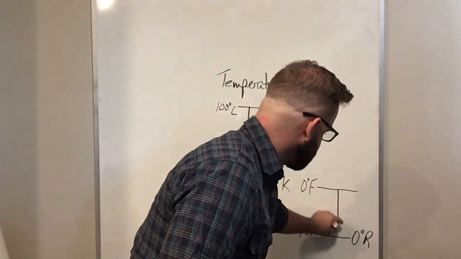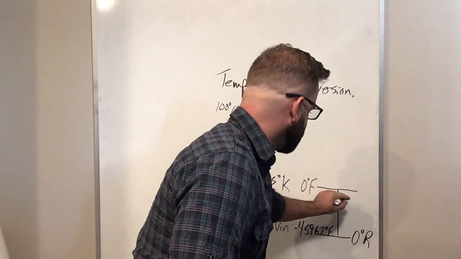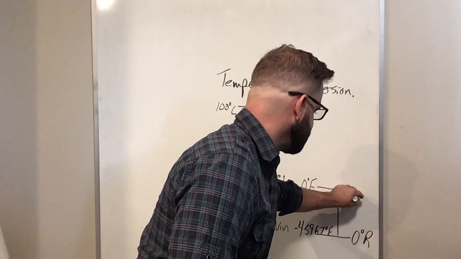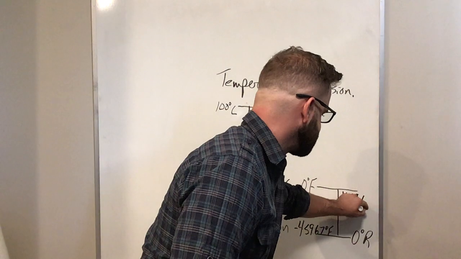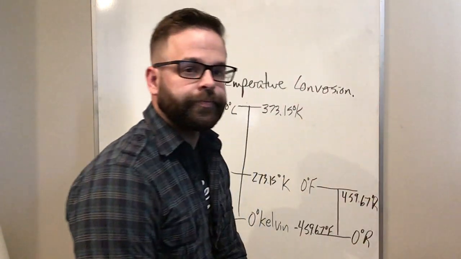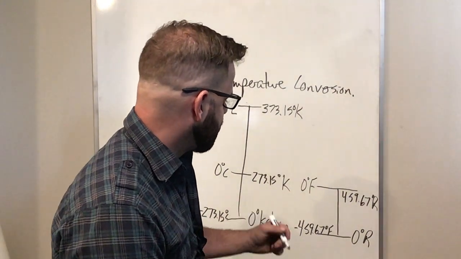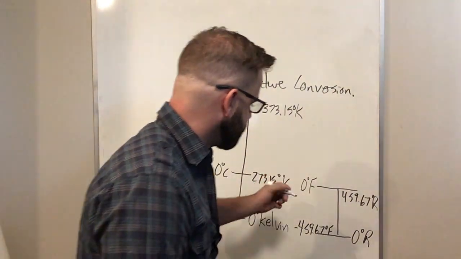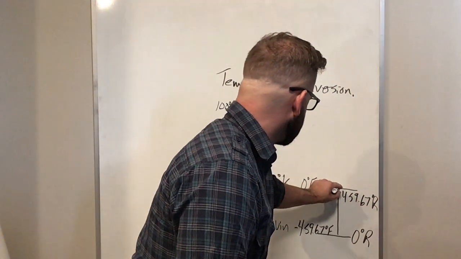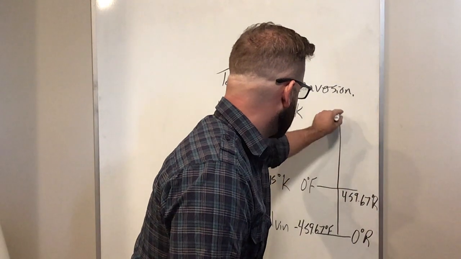And if we went up to 0 degrees Fahrenheit, obviously, that would be 459.67 degrees Rankine. And I'll do the conversions later, I'll just go up to a value up here.